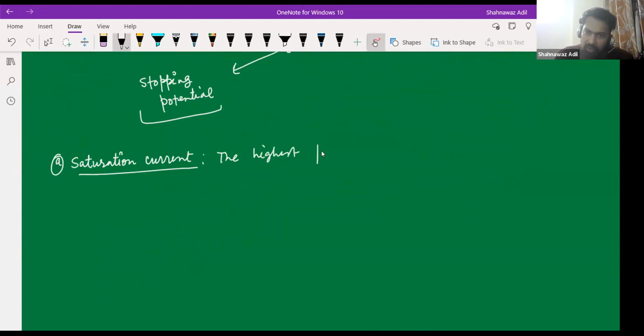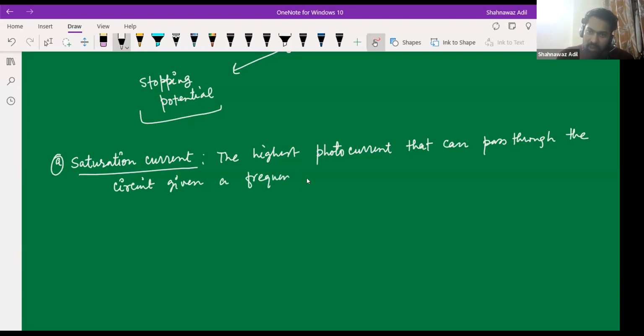The highest photo current that can pass through the circuit, even for different frequency and different collector potential, is called saturation current, right?